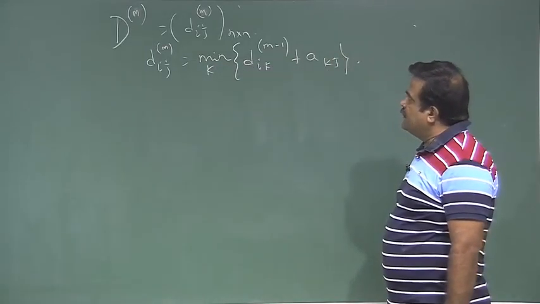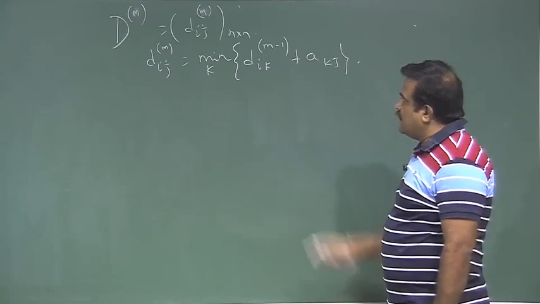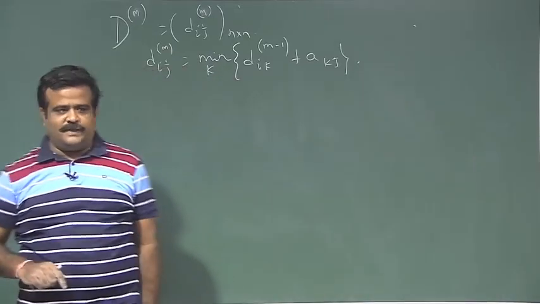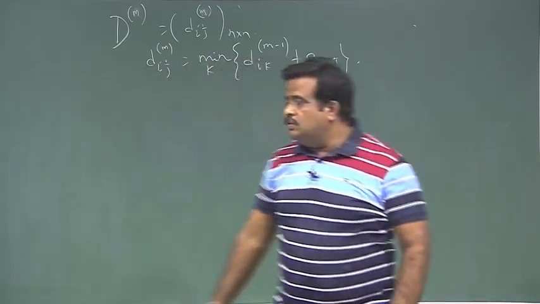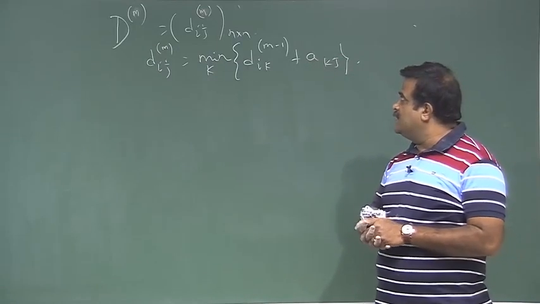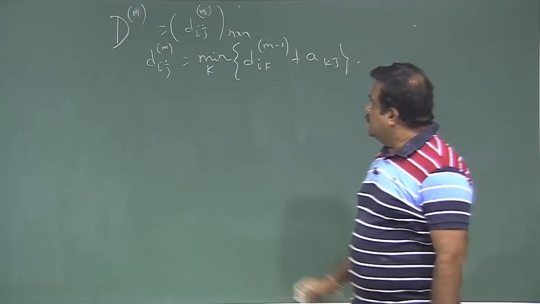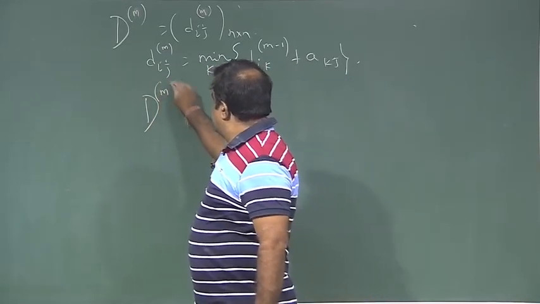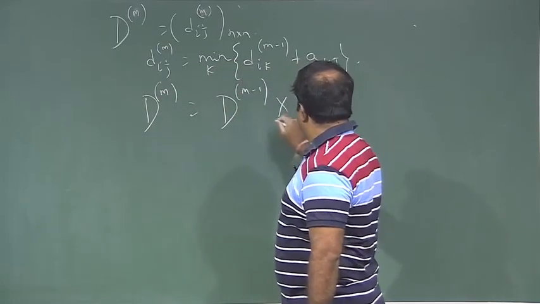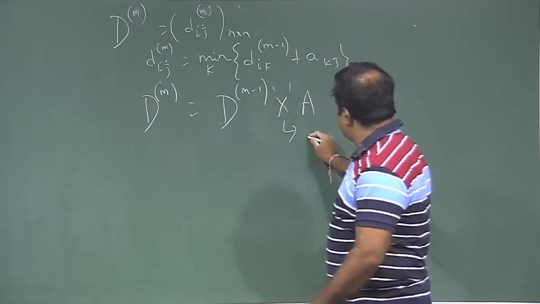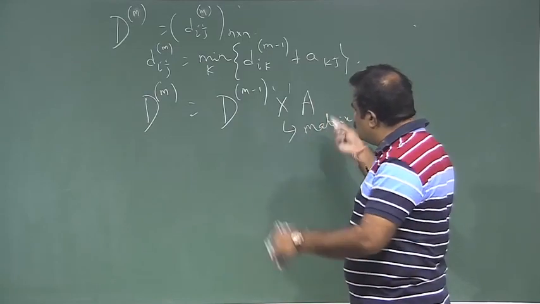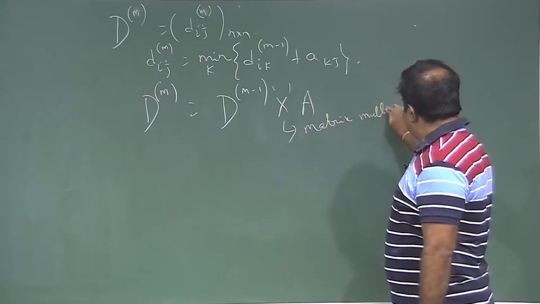Now we will see how to get this D matrix. For that we need to take help of matrix multiplication. We will relate this expression with matrix multiplication. We want to claim that D^m is basically D^(m-1) times A, in some sense a matrix multiplication. How can we view it in this way? We will discuss.